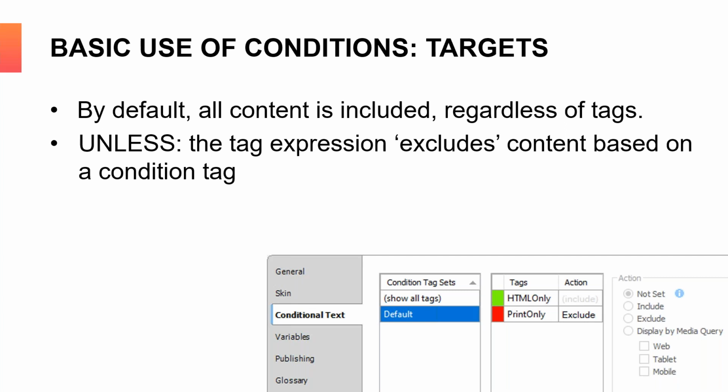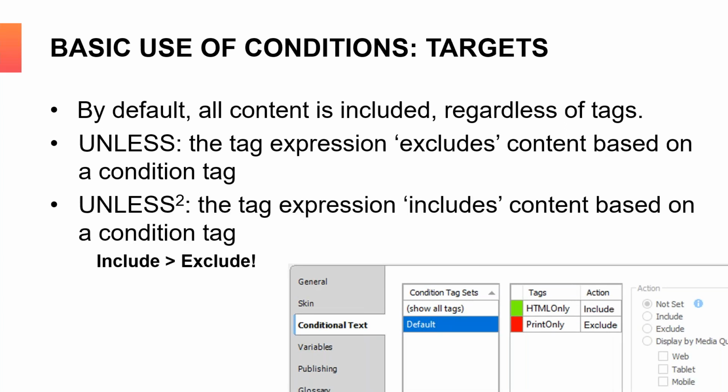This is pretty straightforward, but there's a second square, as you will. If you also include content, it's important to remember that include trumps exclude. Now, in a binary situation like this, that doesn't matter that much because I don't have content that is marked with both condition tags.